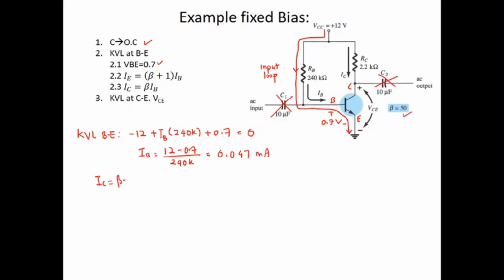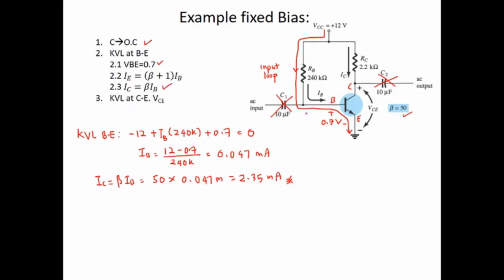So 50 times 0.047 milli is equal to 2.35 milliampere. So you got the IC. Okay, so this is done.